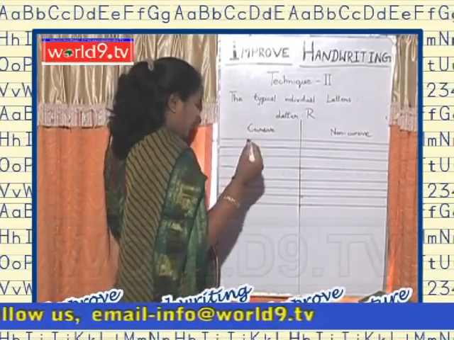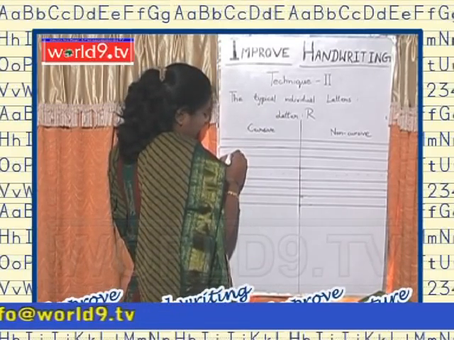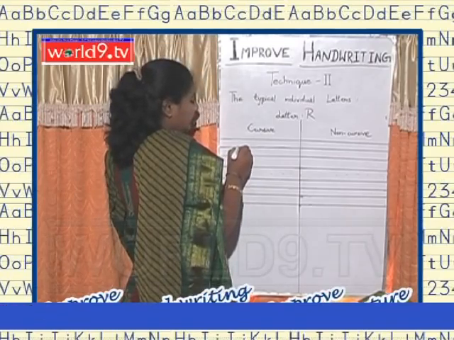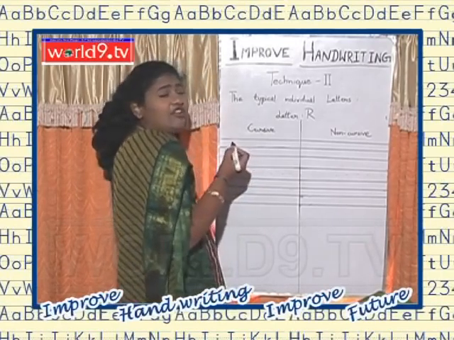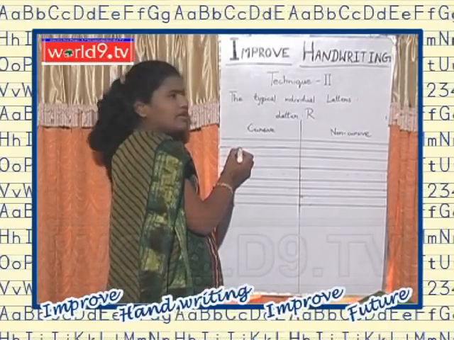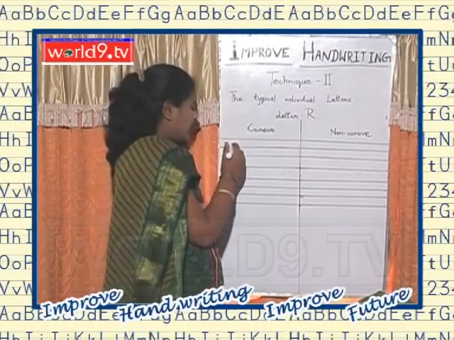So let's write the cursive letter R. How to write it? As usual for all letters, naturally give a small tail from the baseline, up to the upper line, and draw a slightly curved line.